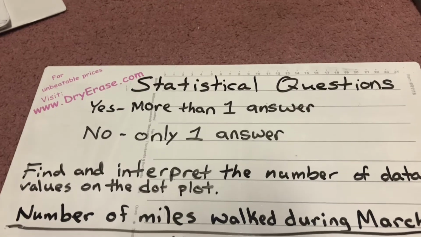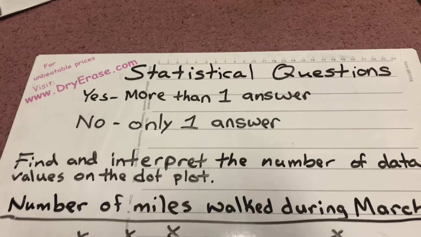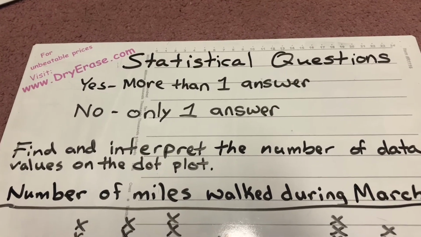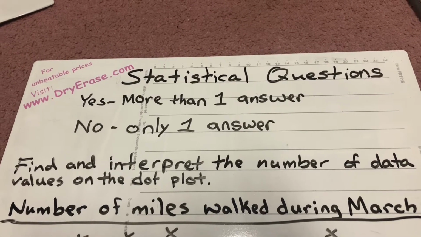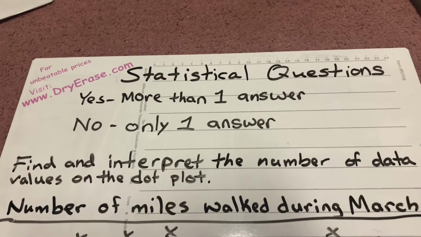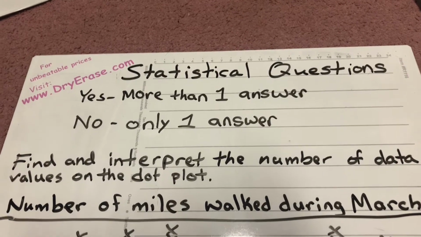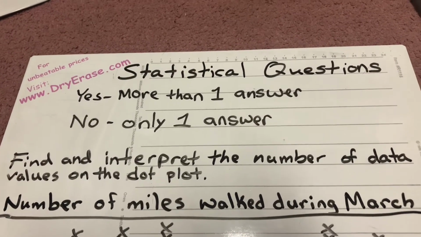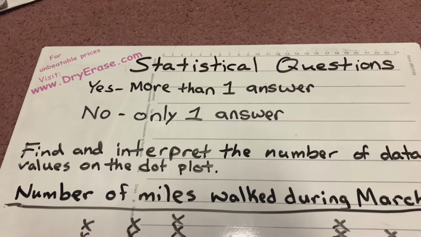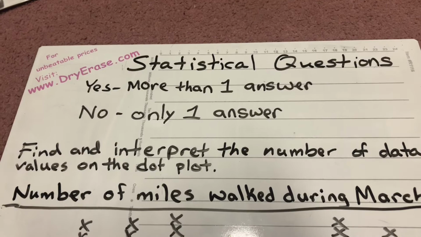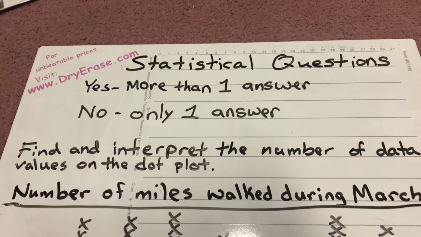And so there's more than one answer. So it is a statistical question. If you ask the question, what type of car does Fred drive? Fred has one car that he drives. There's just one answer. That would be a non-example of a statistical question.